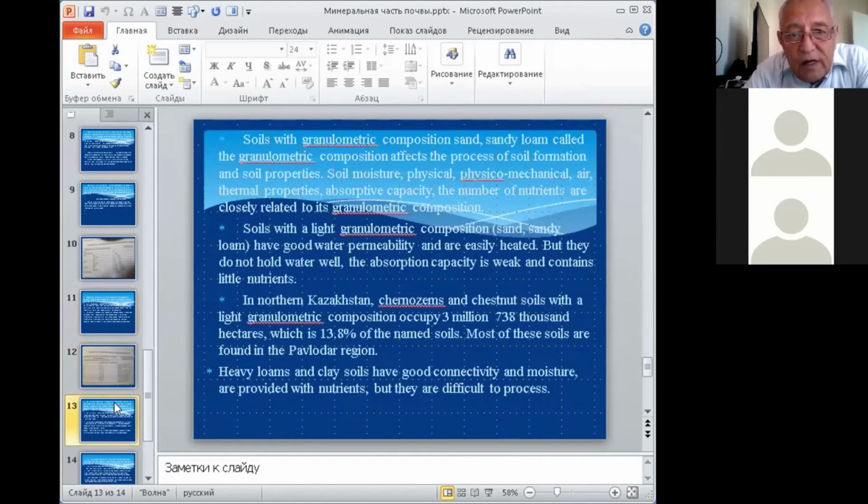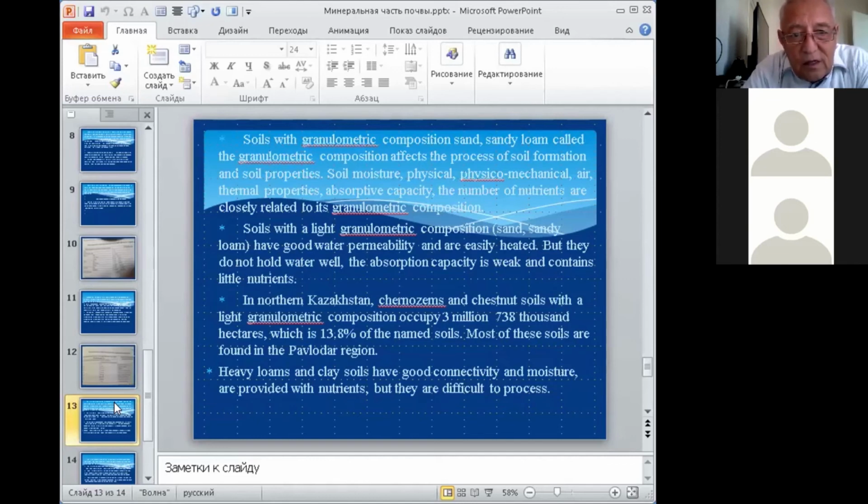Soils are named by granulometric composition, such as sandy loam. The granulometric composition affects the process of soil formation and soil properties: moisture, physical, mechanical, air, and thermal properties, and absorption capacity. The amount of nutrients is closely related to granulometric composition.